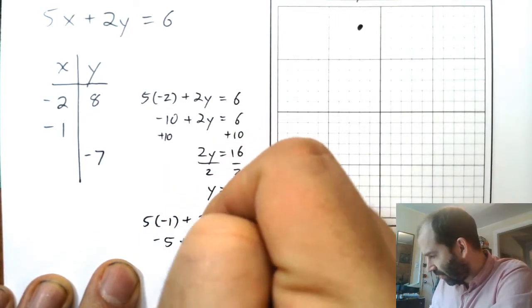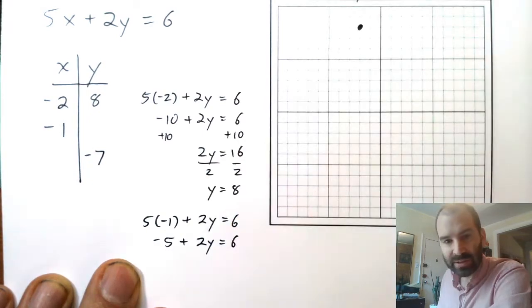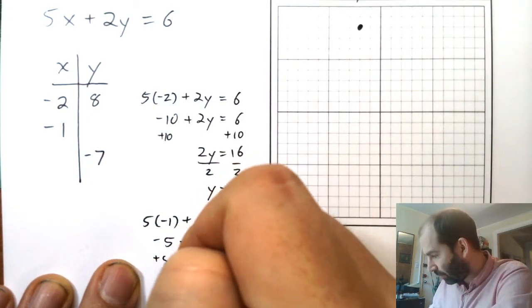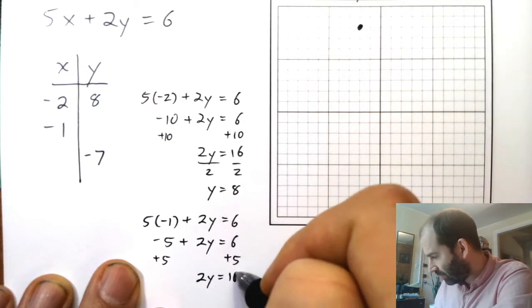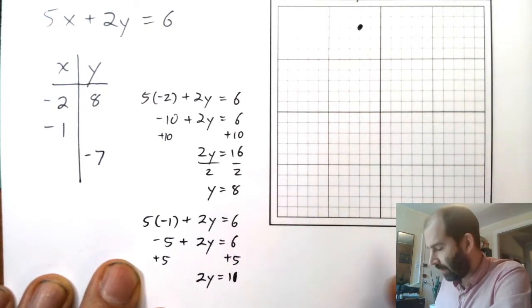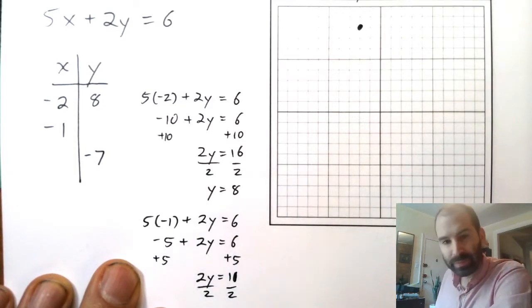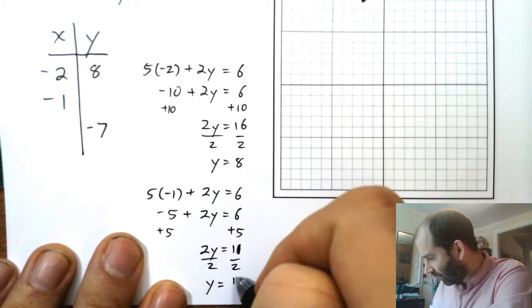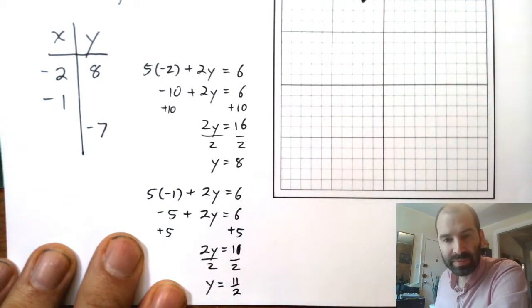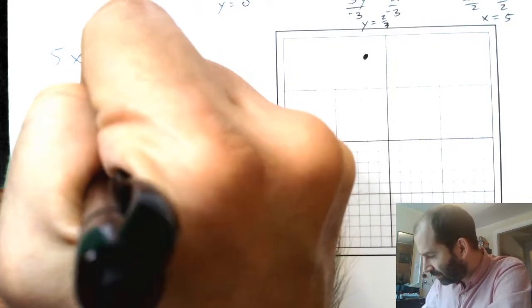So that's -5 plus 2y equals 6. Add 5 to both sides. 2y equals 11. Divide both sides by 2. And what do we get here? We get y equals 11 halves. Okay, that's my answer.